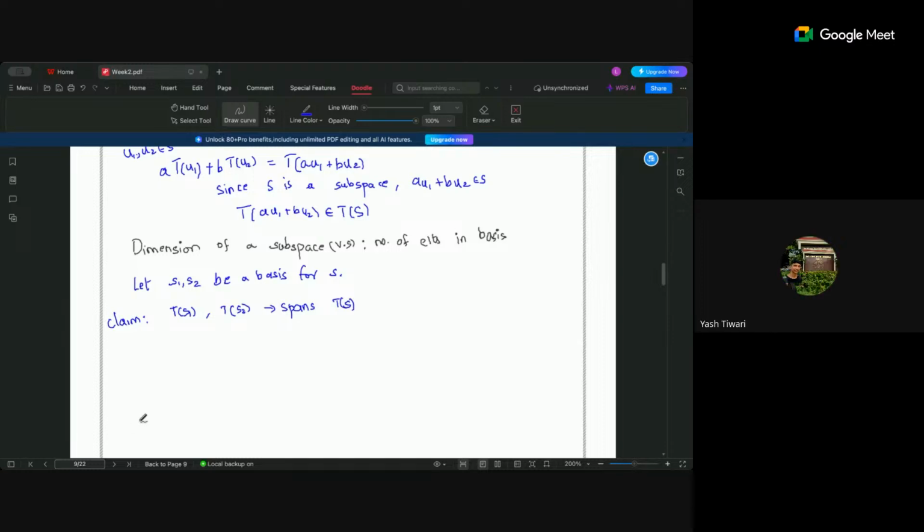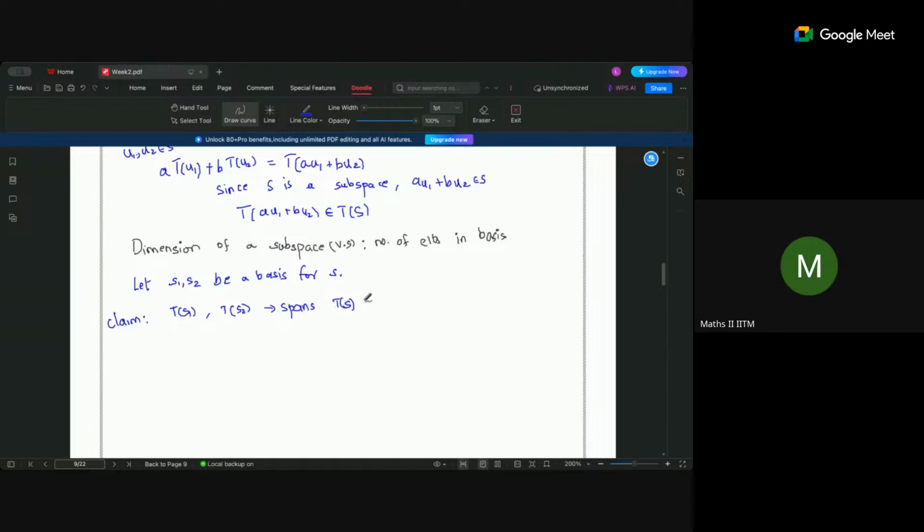So it means we can write T of S as a linear combination of T of S1 and T of S2. Very good. What you said is correct, but just one small correction: T of S is a set. You cannot write a set as a linear combination of two vectors. You can write the elements of the set as linear combinations of the vectors.